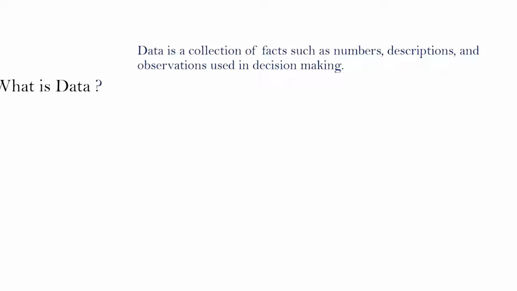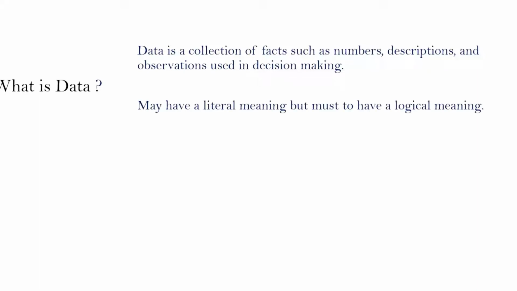The decision making can be of n number of types, but as I said, data is a collection of facts, and can be anything: numbers, descriptions. So let's take some example. Before going to an example, I have added one line to define data in a better way.